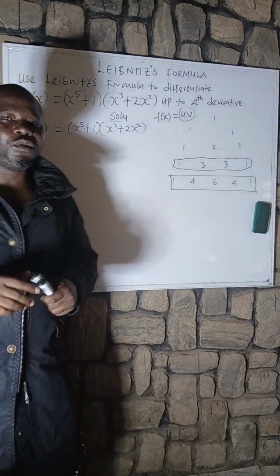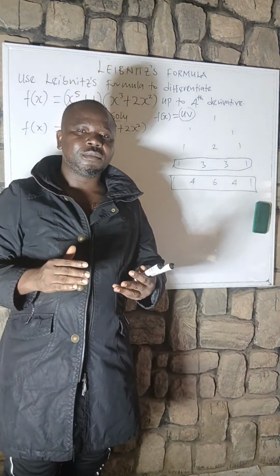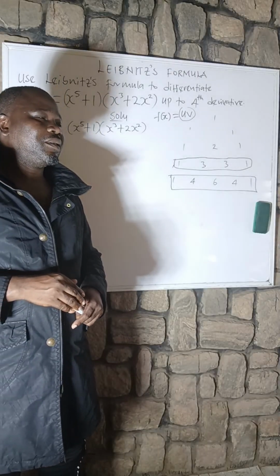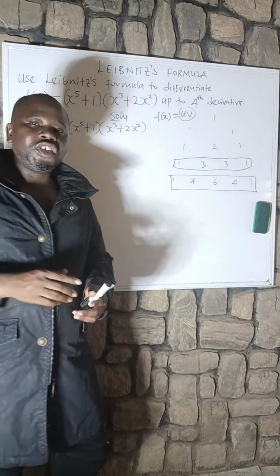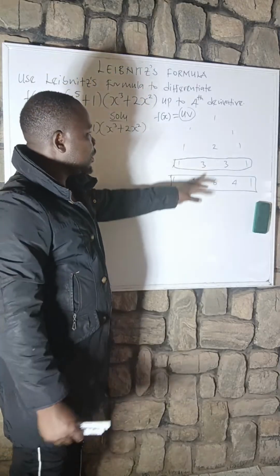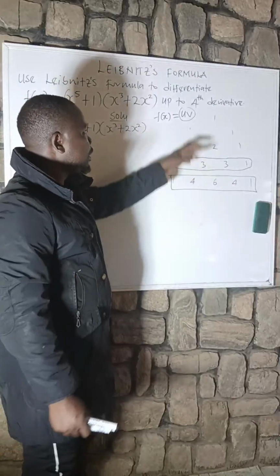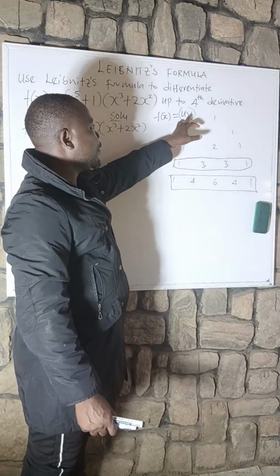Those of you that know how to use Pascal triangle, you know that the power is 4th derivative, right? It means here we have uv.